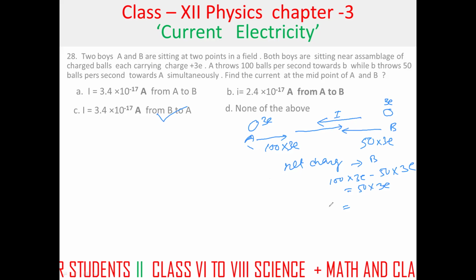So current would be charge by time. So this is 50 into 3e by 1. So it is 150 into 1.6 into 10 to the power minus 19.